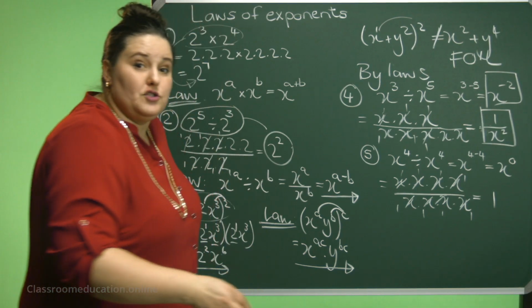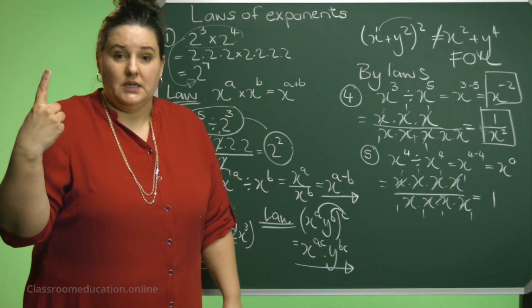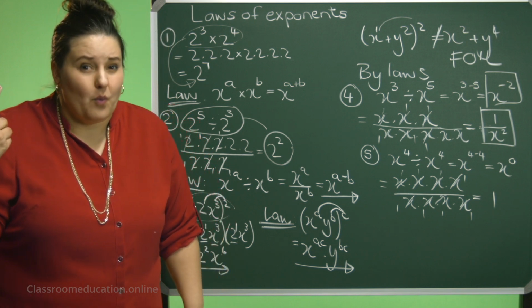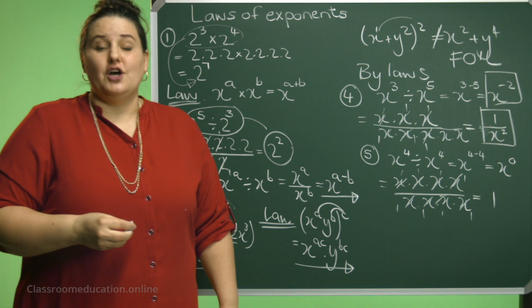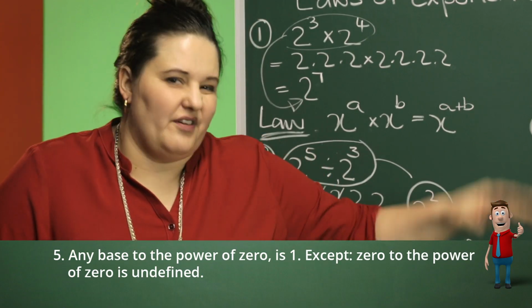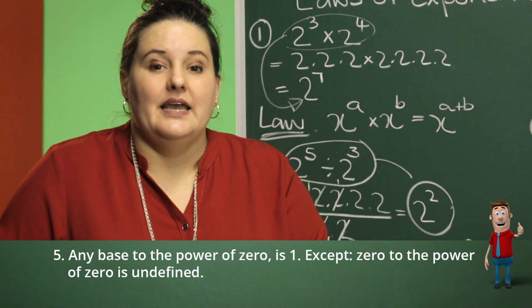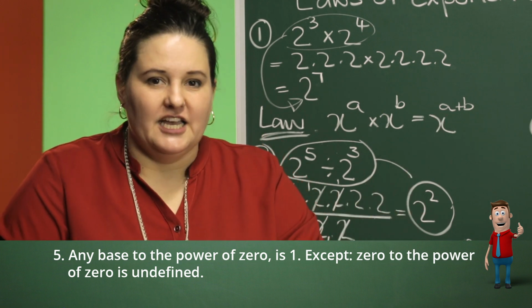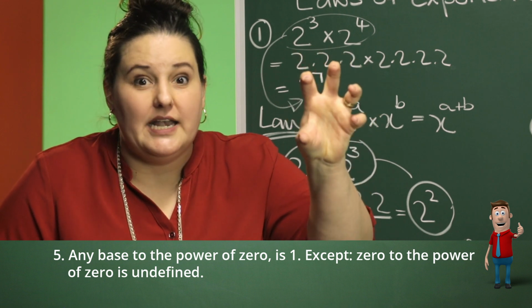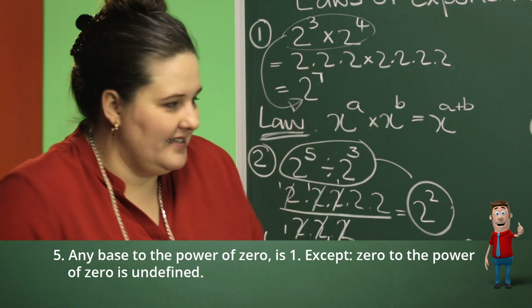Oh, it seems to me that the answer is 1. But I had x to the power of 0 when I did it in another way. So boys and girls, what now? And that is the second bylaw or the fifth law, whatever you want to call it, that if you have a base to the power of 0, your answer is actually a 1.